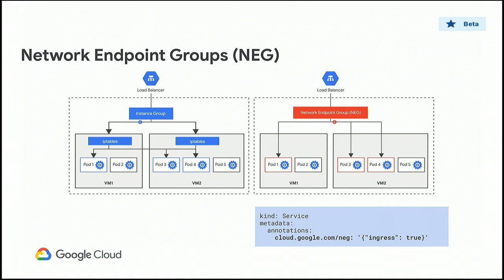So now we're going to talk a little bit about the network endpoint groups that are leveraged by container-native load balancing. On the left side here, the blue one, what we have is the traditional way to load balance across Kubernetes clusters, which would be targeting the nodes. In that case, the load balancer will have the visibility of 2 different nodes only, and doesn't know about the pods.